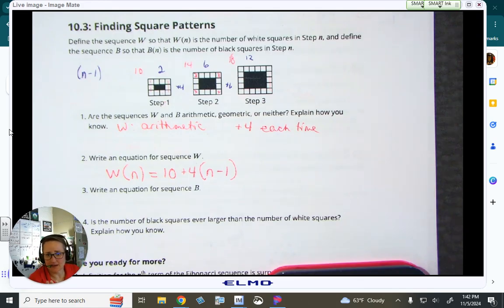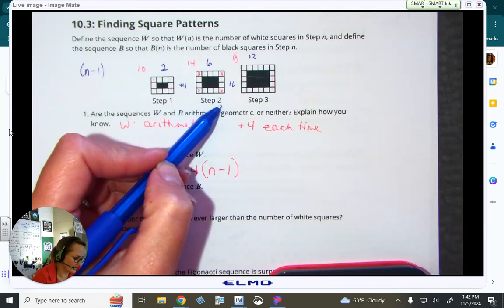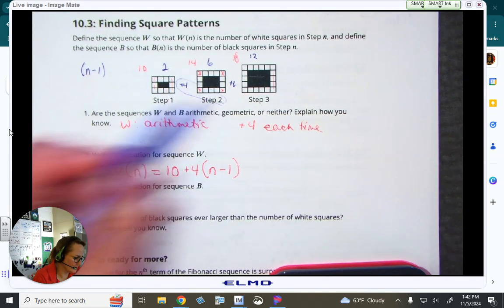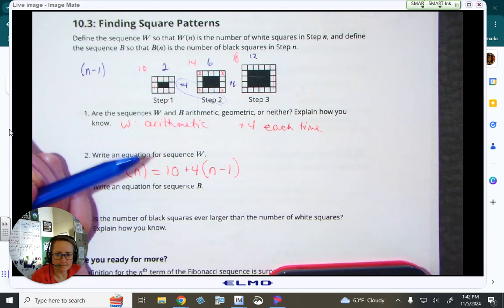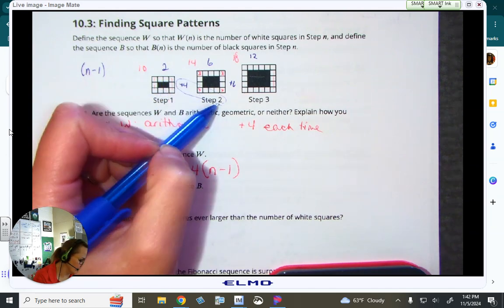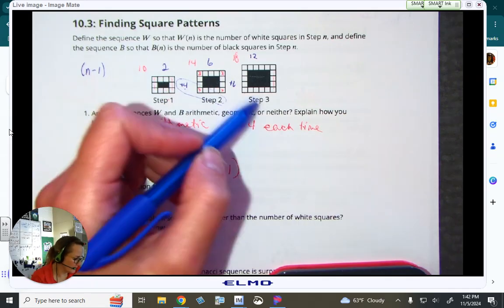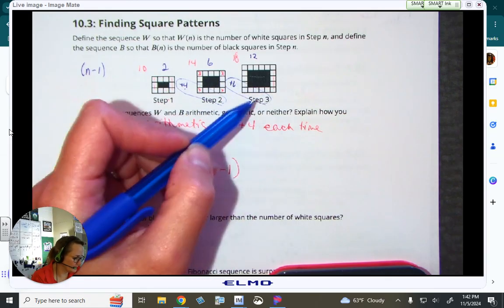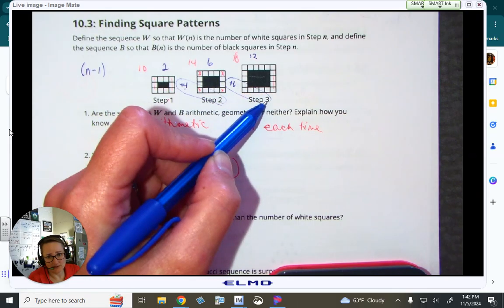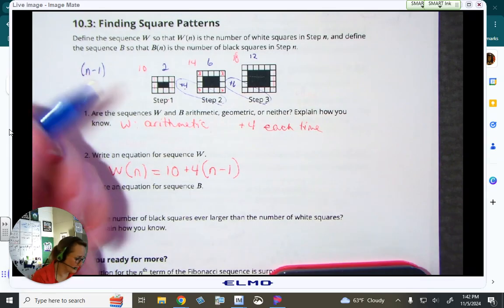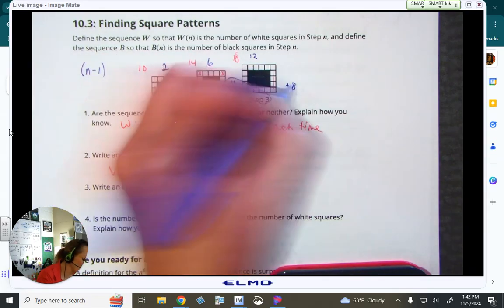I'm sitting here staring at it and I'm kind of realizing that it's connected to what step it is. On step 2, I did 2 times 2. And on step 3, I added 2 times 3. So I bet you on step 4, I'm going to add 2 times 4. I'm probably going to add 8.